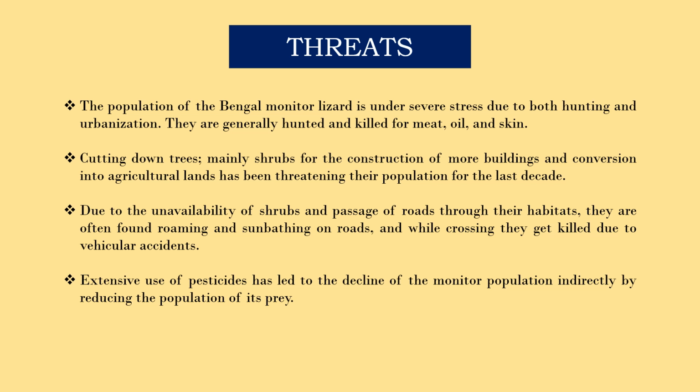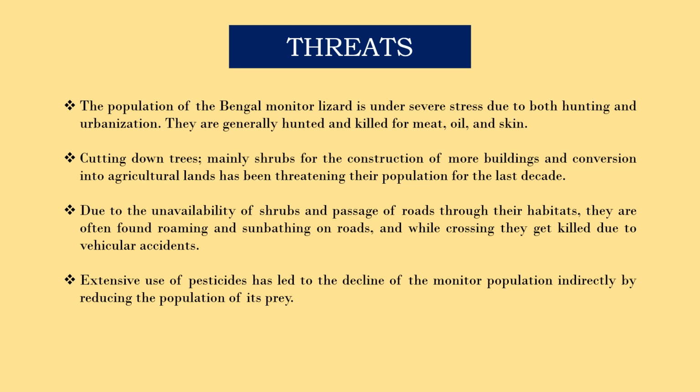So they are coming more and more out of the forests and out of the shrubby areas to human inhabited places. And there are also roads and buildings in their habitat.